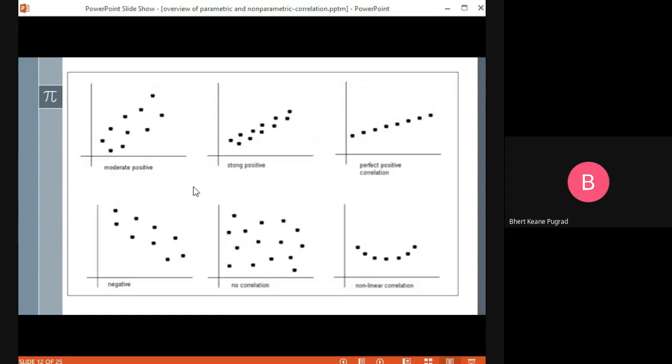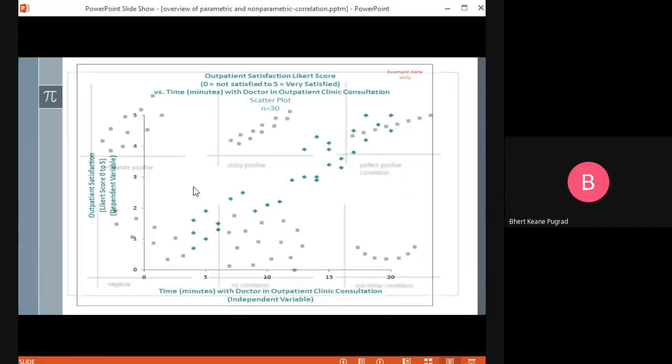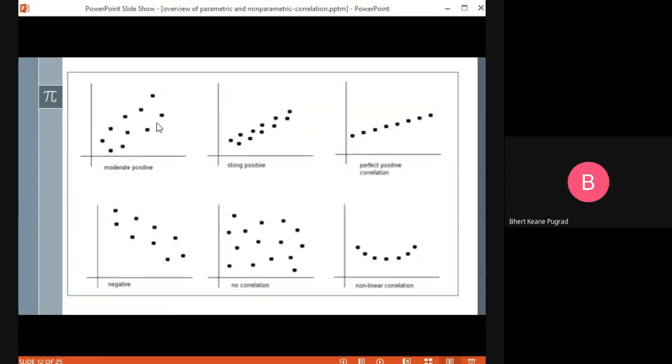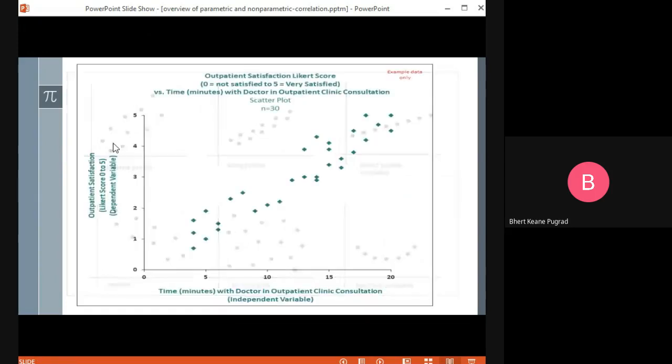So, kapag scattergram ang ginagawa natin, we could classify them as a moderate positive correlation. By the way, kapag pataas yung score, going up, that's a positive correlation kasi the longer the consultation time, the higher the outpatient satisfaction rating.